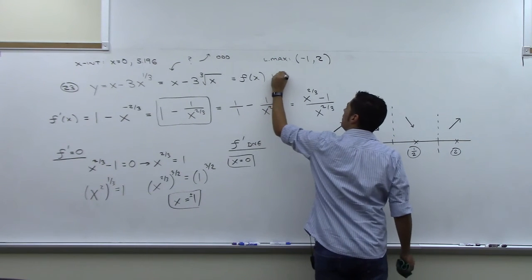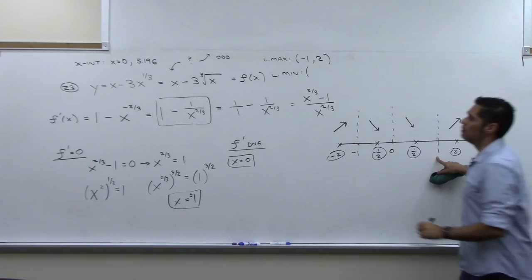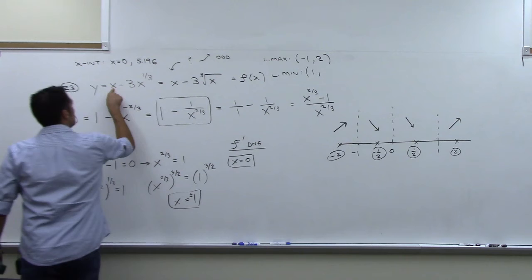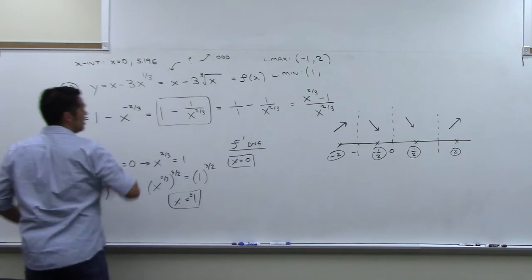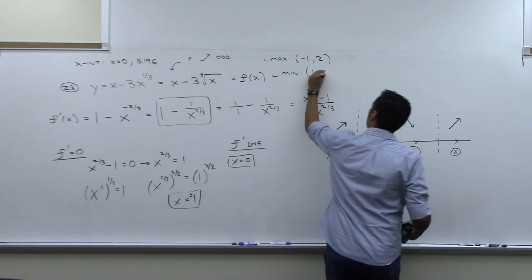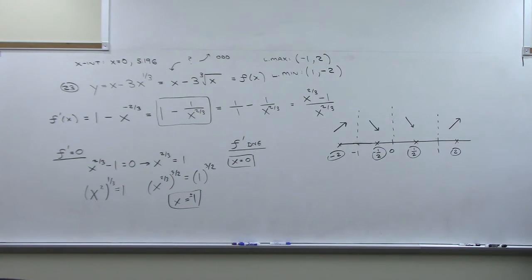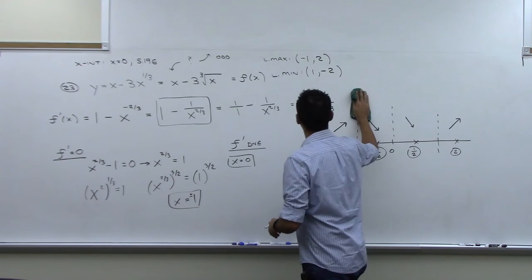Then I have a local minimum, and that's going to happen here at 1. So if I plug in 1, this time I get 1, and then 1 to the 1/3 is still 1, so it's 1 minus 3, you get -2. There you go. All right. That's everything I've got there from the first derivative.